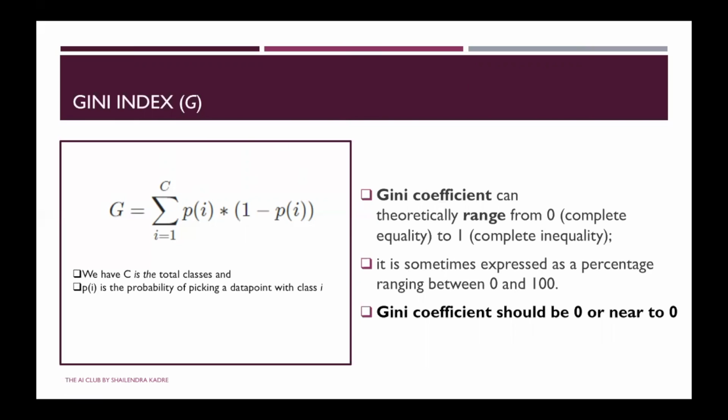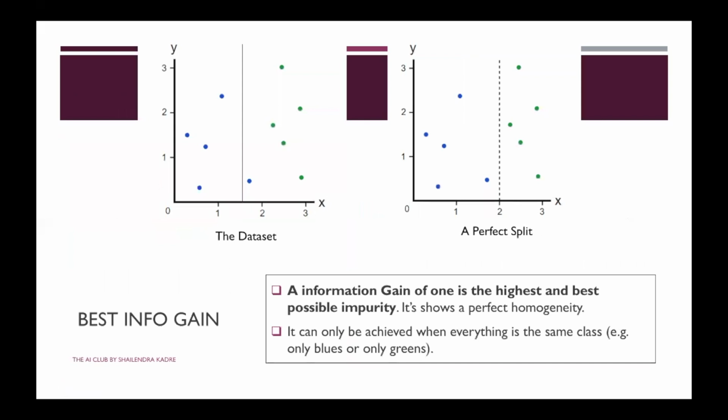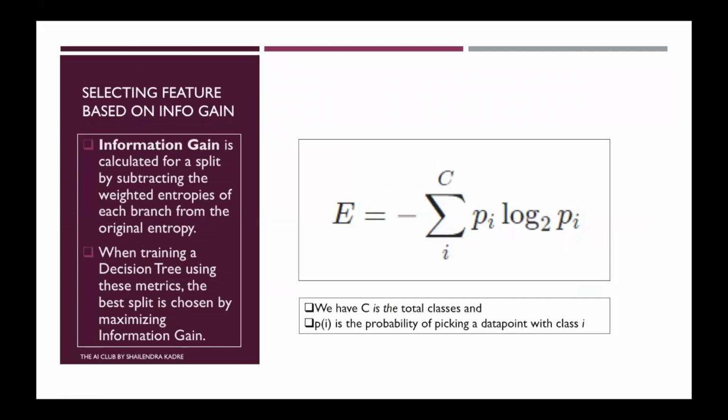If you look at the formula for entropy, it was a little similar. The only thing was pi, the probability of picking the ith class, was multiplied by the log of that probability. If you go back, this was the formula for entropy.